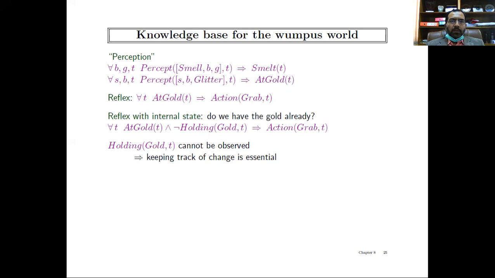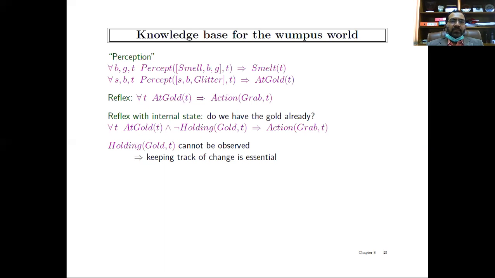So the percept is that, let's suppose we have a smell, comma B, comma G at a given time T, so it implies that we have smelt at the given point T. Similarly, if we are at gold, that is why in the next sentence you can see a glitter, it means we are at gold T. So that is some kind of an inference we can make out of those sentences.